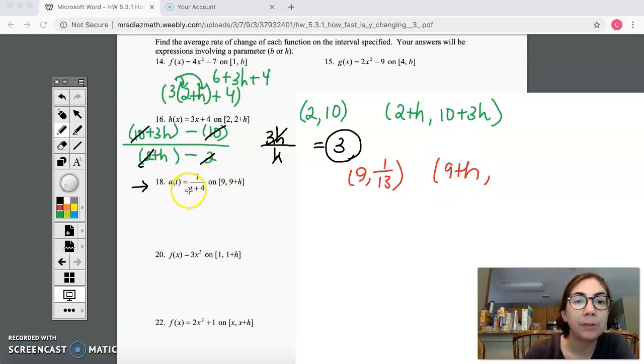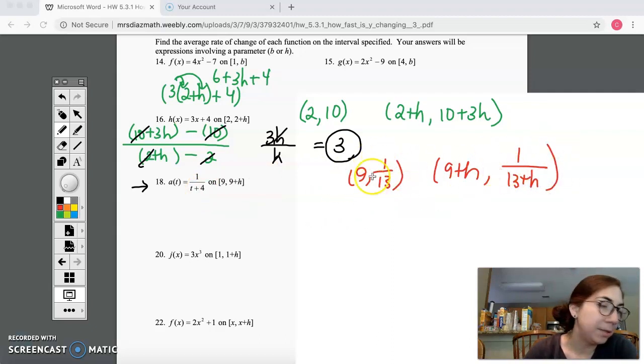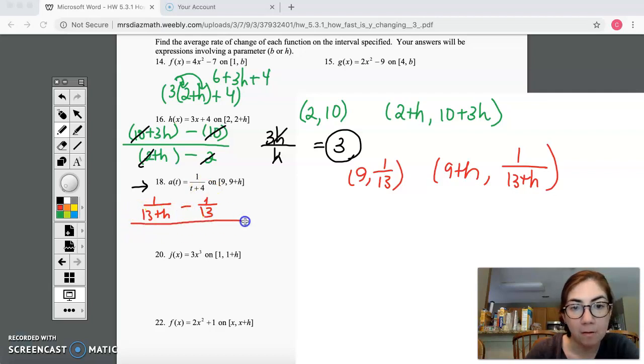So then we got 1 over 9 plus h plus 4. Well, remember 9 plus 4, 13, and then plus h. So here are my two coordinates. Let's subtract them. 1 over 13 plus h minus 1 over 13, all over 9 plus h minus 9.